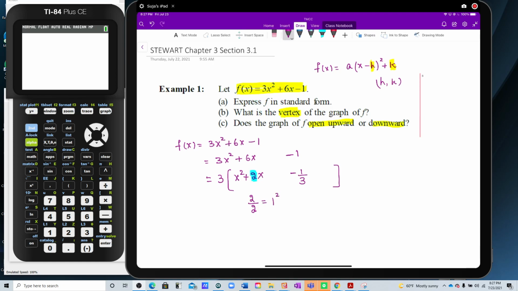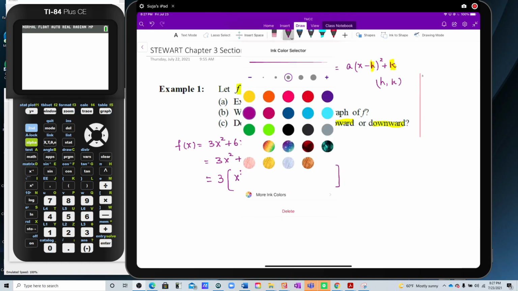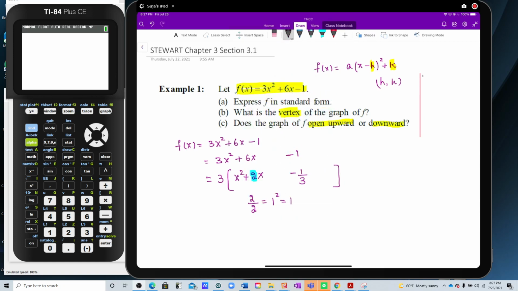Then square it, which is still 1. You're going to add the 1 and subtract the 1. Let me use a different color here. You're adding and subtracting because you're not changing the value of the problem. Adding a 1 and subtracting a 1 is equivalent to adding nothing to the problem.